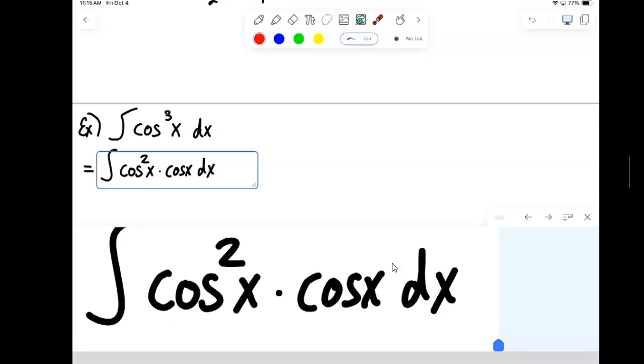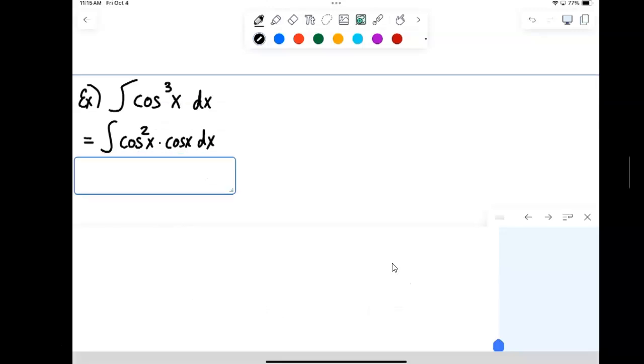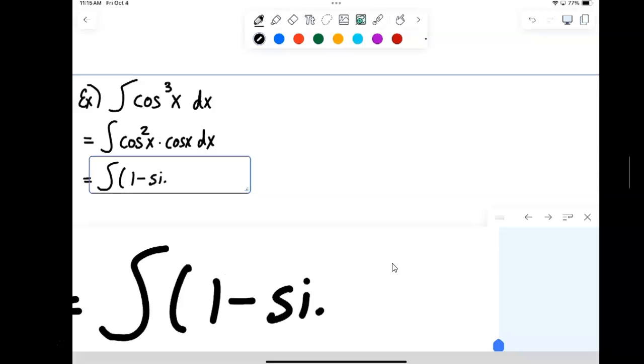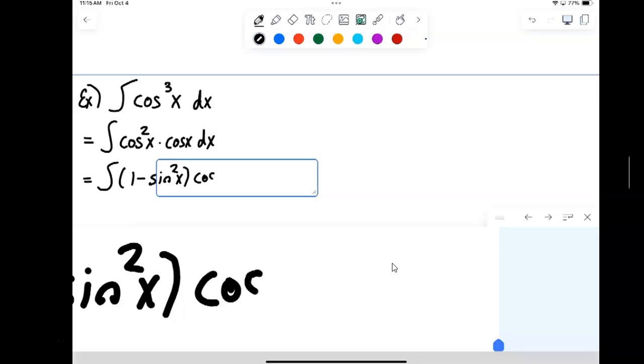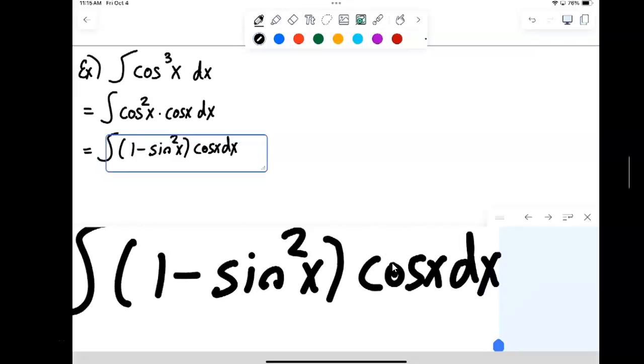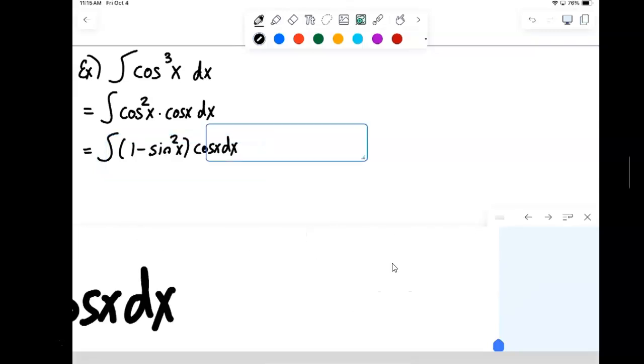So we can make that become sine by invoking the identity. Right? Cosine squared plus sine squared equals 1. So therefore cosine squared is 1 minus sine squared. And then we still have that cosine x dx hanging around. And of course this needs to distribute.